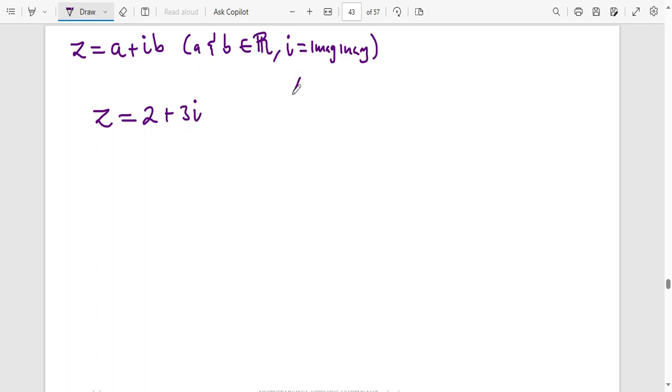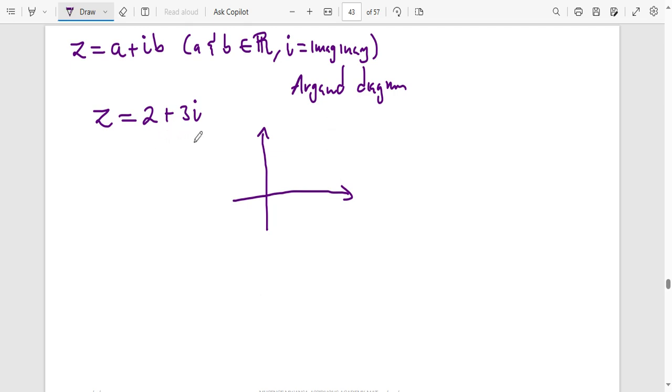Now, just like we can represent real numbers on a Cartesian plane, we can represent complex numbers on an Argand diagram. Hope this is the spelling. Argand diagram. Now, an Argand diagram is more like the x-y plane. Okay, it's basically the same.